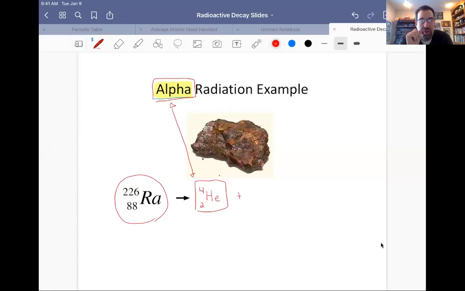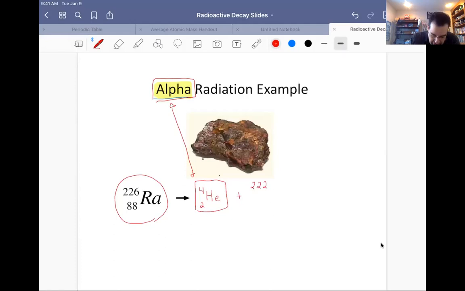If we have 226 protons and neutrons to begin with, and we lose 4 of those, what's the new mass number? Yep, it is 222.